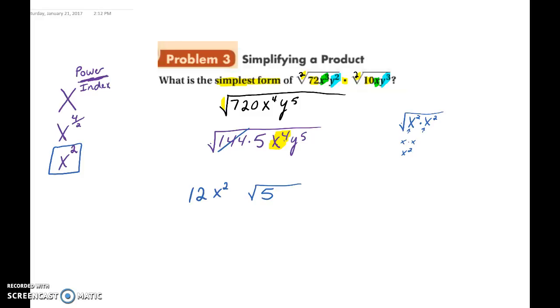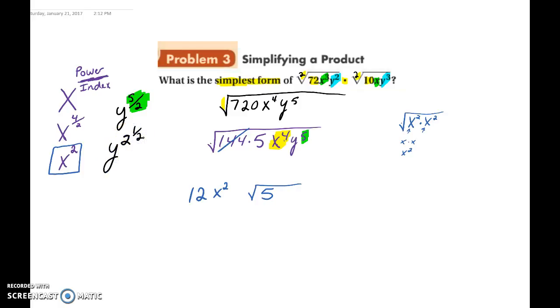Now we would then take our y to the 5th. So we'd rewrite that as power over index. So this becomes y to the 5 over 2. Now, this one does not divide evenly. So what you want to do is rewrite your rational exponent as a mixed fraction. So this 5 over 2 gets rewritten as 2 and 1/2.